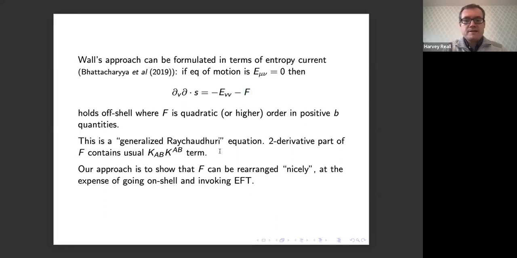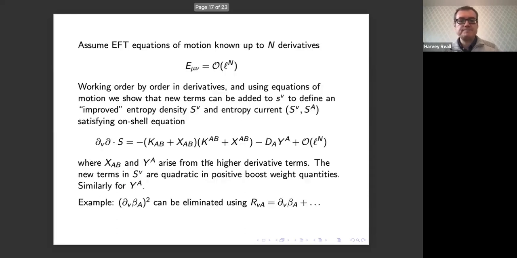So basically what we do is we show that this F can be rearranged in a nice way at the expense of these assumptions I mentioned earlier. One is that we're going to be invoking effective field theory. The second thing we have to do is go on shell. So this equation up here is an off-shell identity, but in our approach, we have to go on shell. We have to use equations of motion in order to rearrange this F in a nice way.